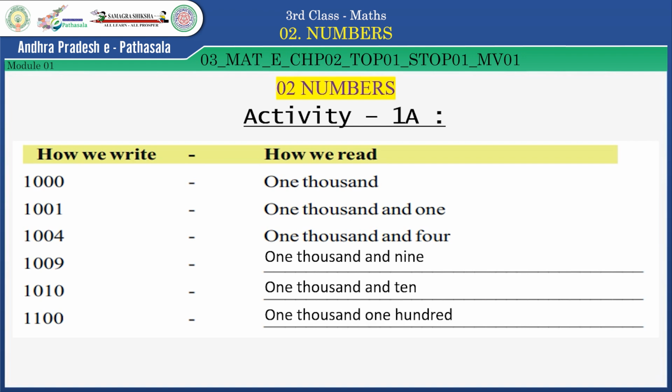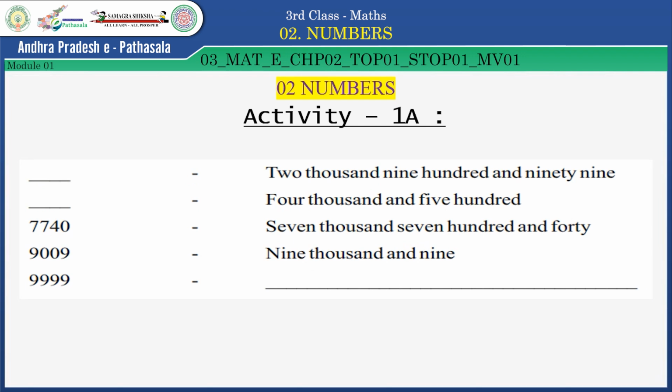Students, can you fill the first blank? How do you represent it in numbers? Yes, very good. 2999. Look at the second blank. How do you represent it in numbers? Yes, very good. 4500. Students, observe the next two numbers.